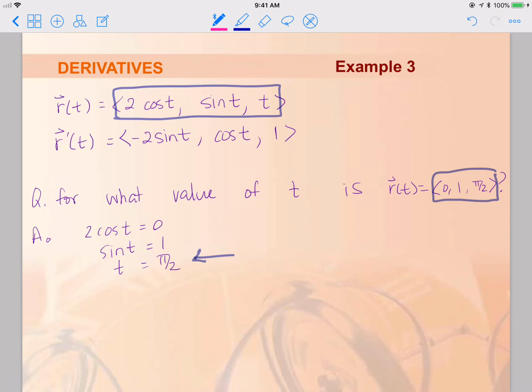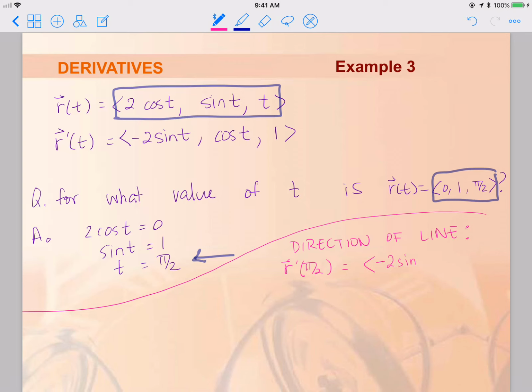So the direction of our line is going to be r prime of pi over 2, which is negative 2 sine pi over 2, comma cosine pi over 2, comma 1. What is sine of pi over 2? That is the y value, so that should be 1. So that should be negative 2. What is cosine? That'll be 0, 1. All right, so we've got a direction of the line and a point on the line.